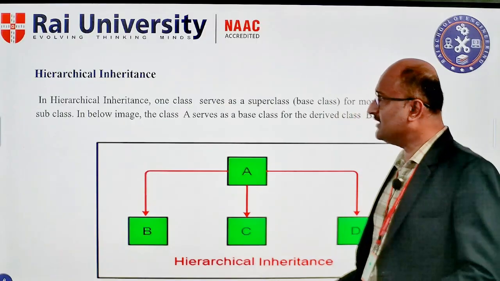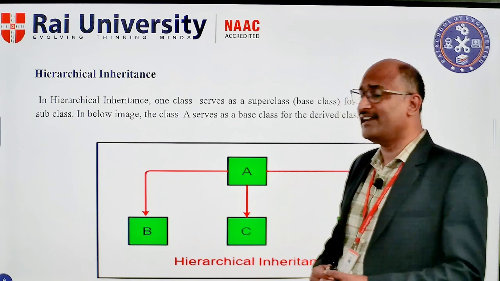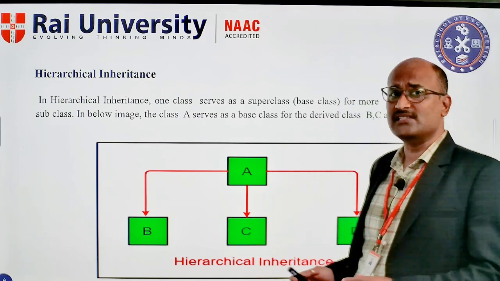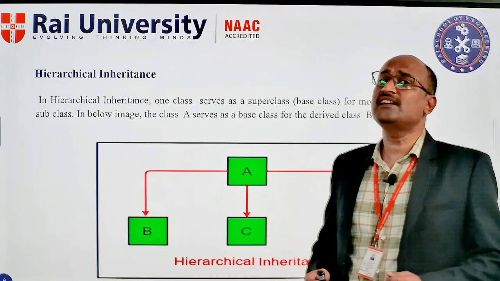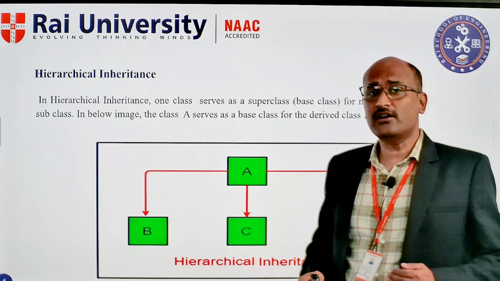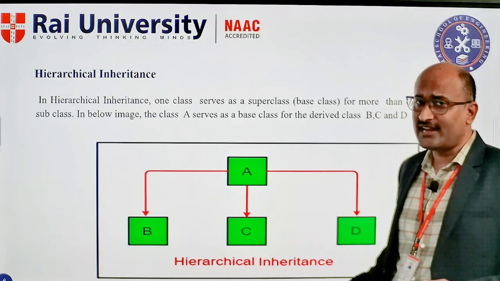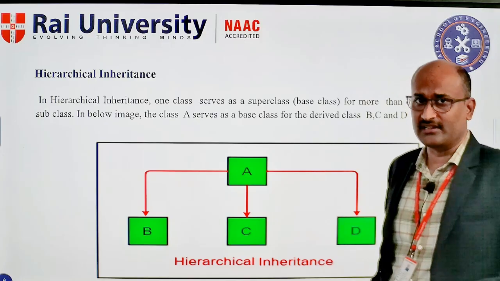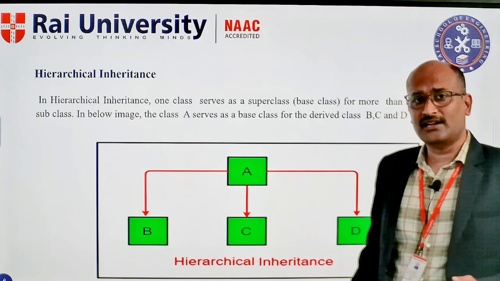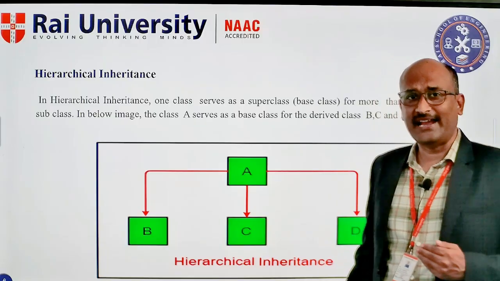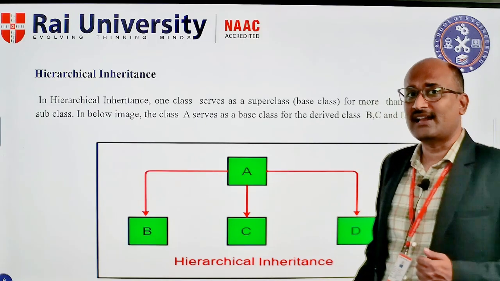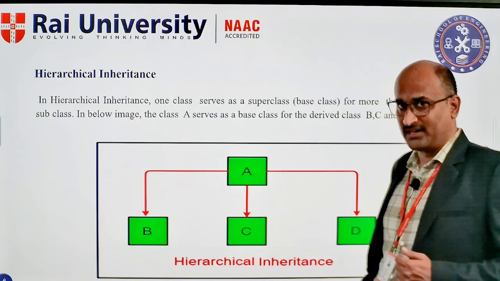Then after, we will see the next inheritance in Java, named hierarchical inheritance. Hierarchical inheritance means there is more than one child class, as you can see in this figure. Here in this figure, there are three child classes: B, C and D, and class A is a super class.